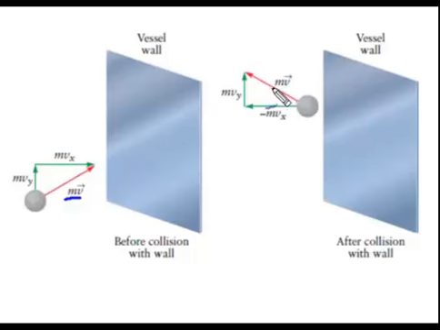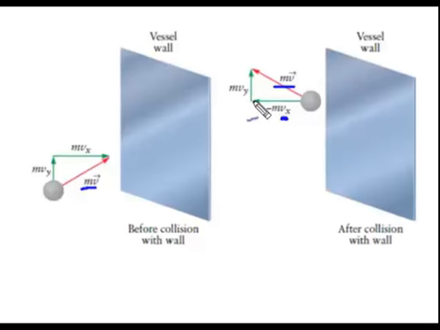However, the magnitude of the velocity is unchanged because earlier we mentioned that the collision of the gas molecule with the wall is elastic. So it's the same length of the arrow, but the component's direction is changed, particularly that of the x component. You can see here the x component is reversed.